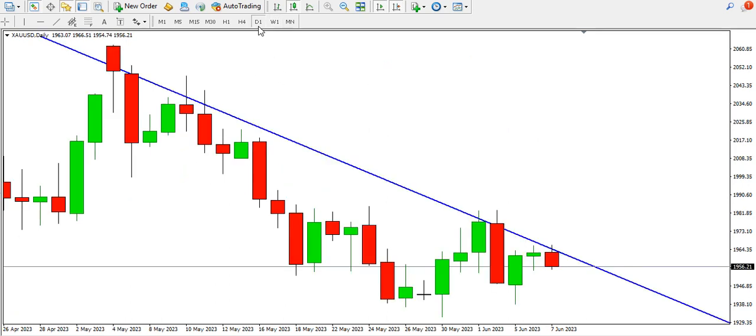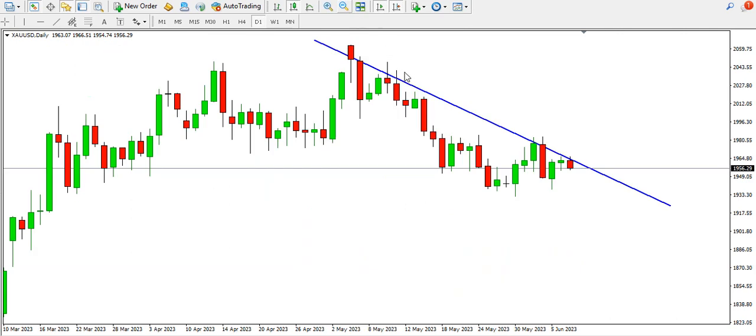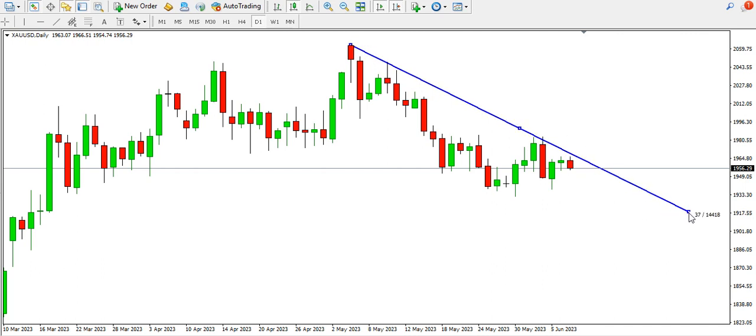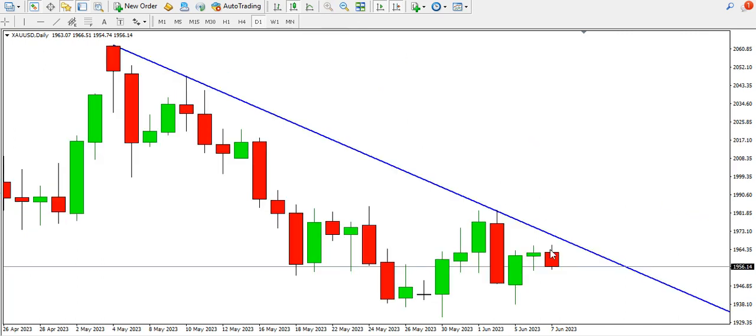On the daily time frame, I can see that the descending trend line is currently being respected. I'm talking about this particular trend line. It's being respected on the daily time frame, as we start to see what looks like the formation of an evening star right here, and that means price might drop.